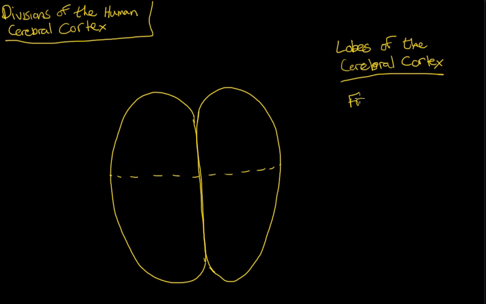So frontal, F. Then we're going to have a parietal. Well, first we'll draw on our temporal lobe here. The temporal lobe is going to look something like this from this view.